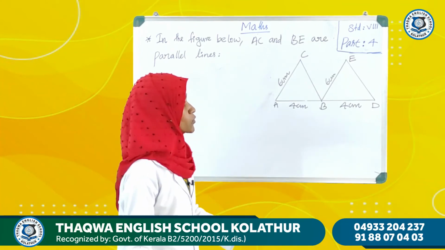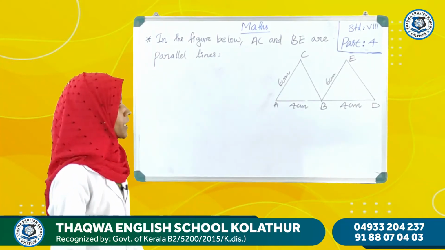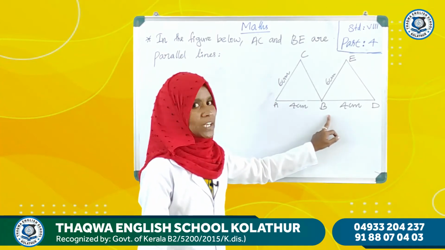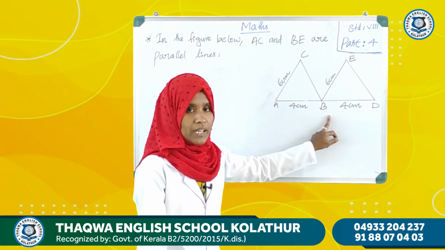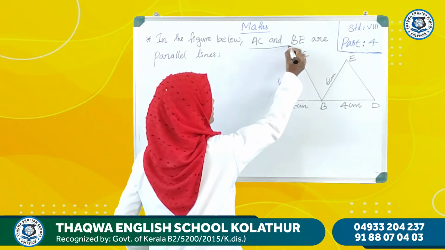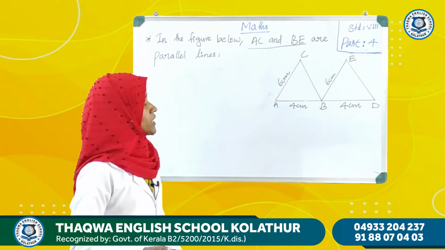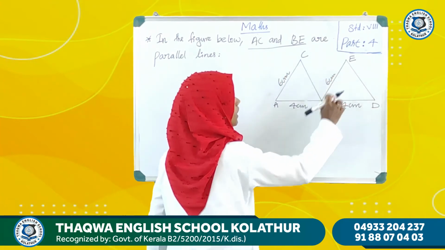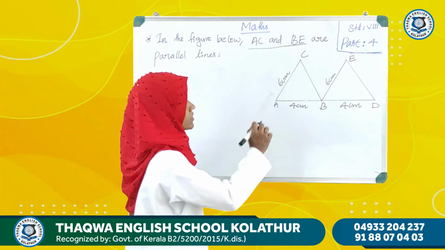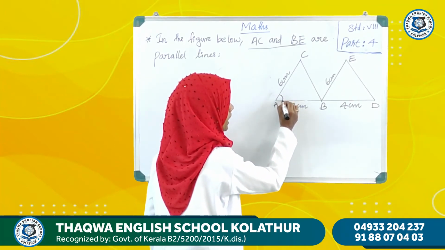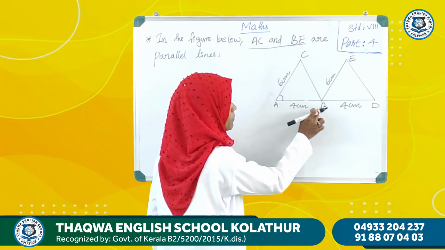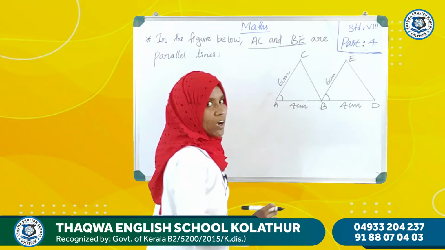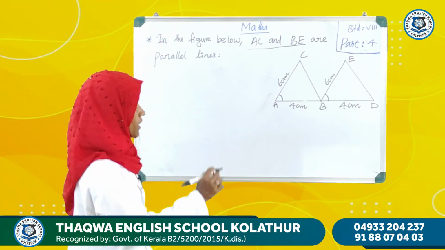But how to find out the angle made by the given sides from triangle ABC and triangle BDE? You have given the sides AC and BE are parallel. So we get angle CAB and angle EBD are equal.